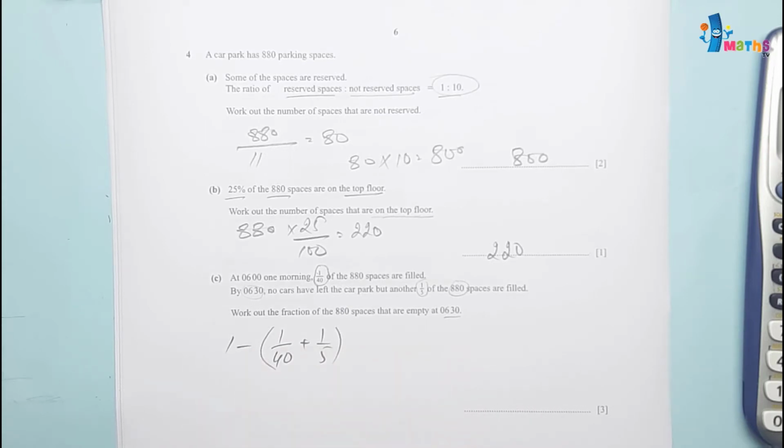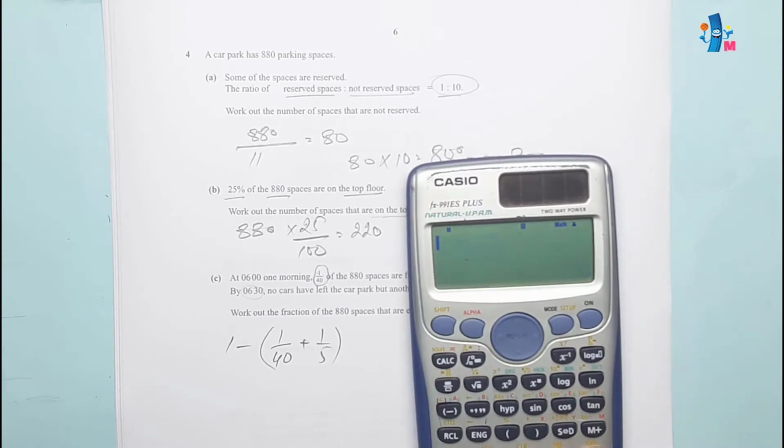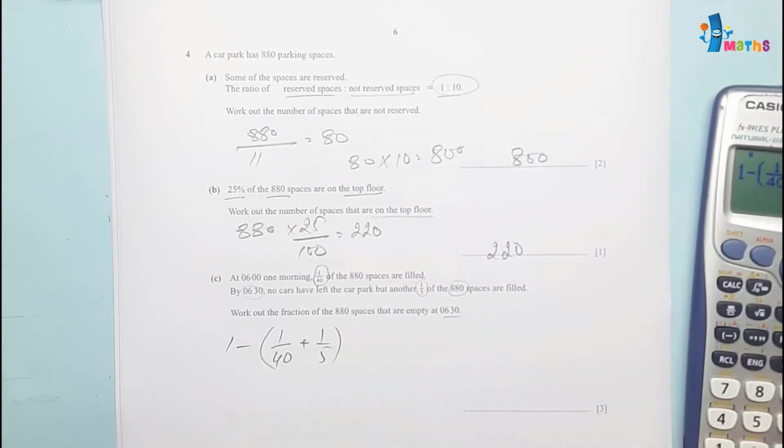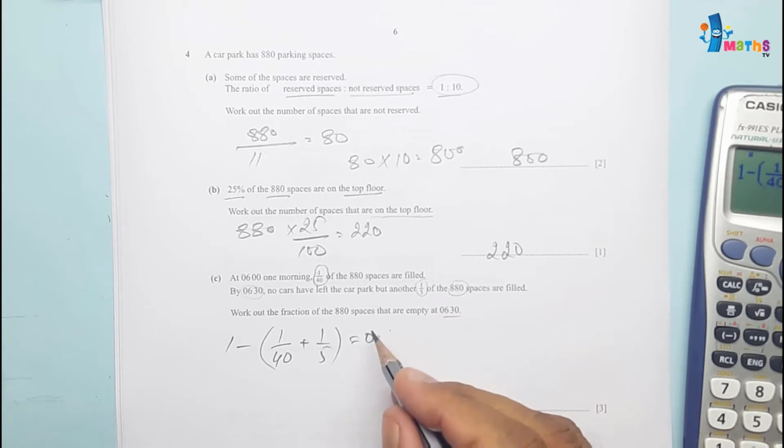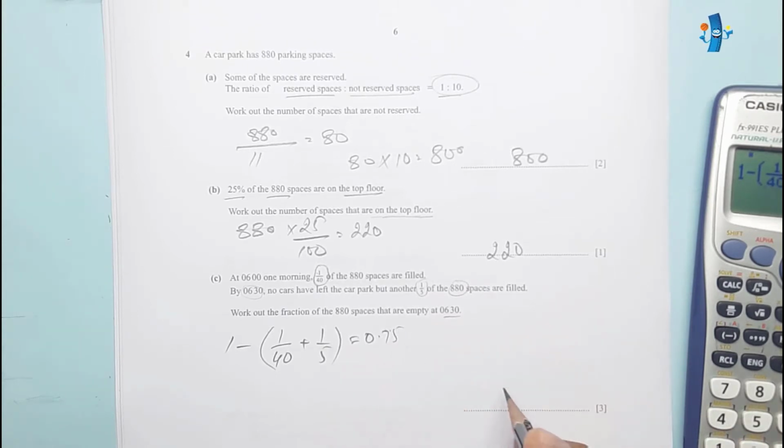We can check the calculation: 1 minus 1 over 40 plus 1 over 5 will be equal to 0.775, or we can write it as a fraction, which is 31 over 40.